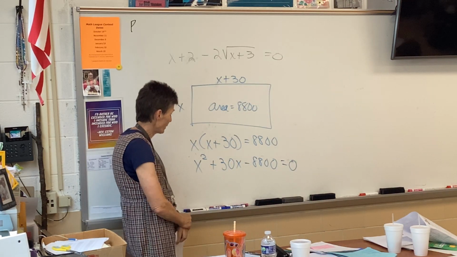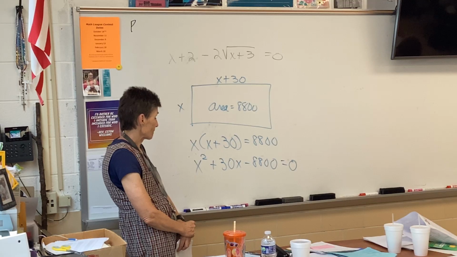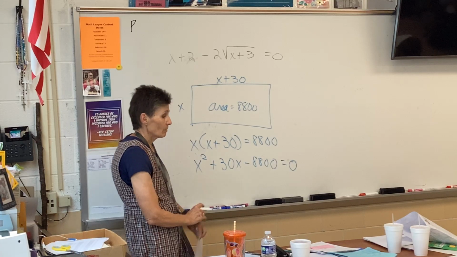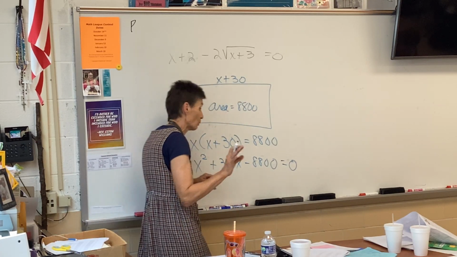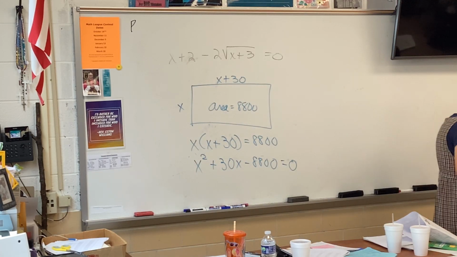Would that be my quadratic equation right there? Is that right? Now, let's not graph it, let's find a different way to solve it. Now, we'll need a calculator probably for the arithmetic. Let's find a different way to solve it. Anybody have any ideas?